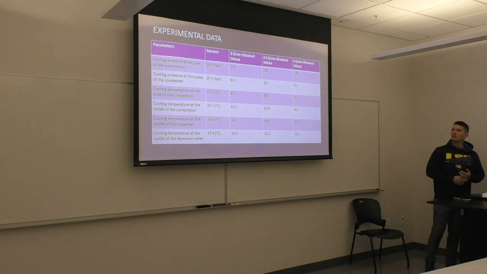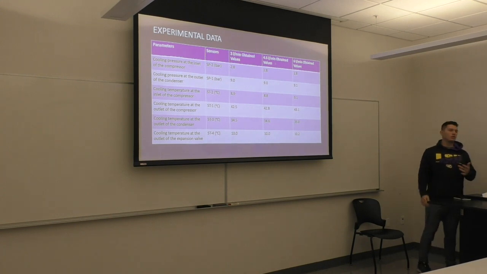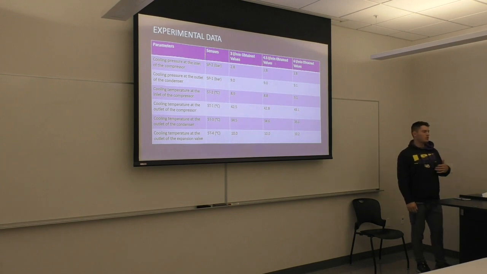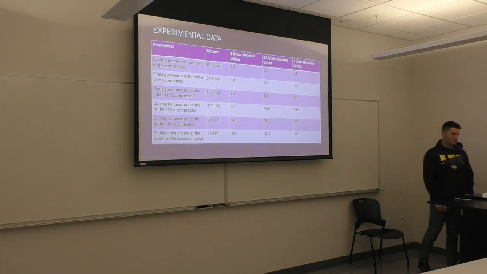Cooling pressure at the outlet of the condenser more or less stayed the same, slightly increased. If we would have gone to like 15, 20, 30 liters per minute, it would have probably increased more. And that's another thing for the experiment. Instead of 3, 4.5, and 6, you could have done 3, 10, and 20. You could definitely see more of a trend looking at those numbers.